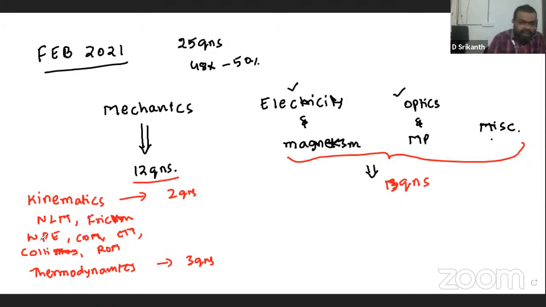From the chapter work power energy, we get two questions. From center of mass, circular motion, and collisions, these three chapters, we'll get two questions, and here another two questions.